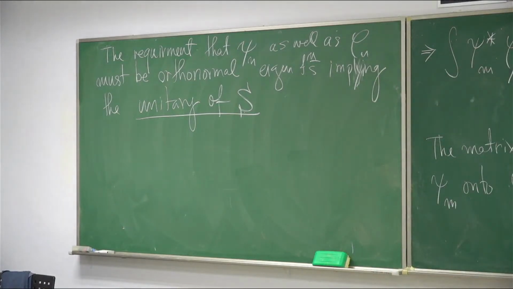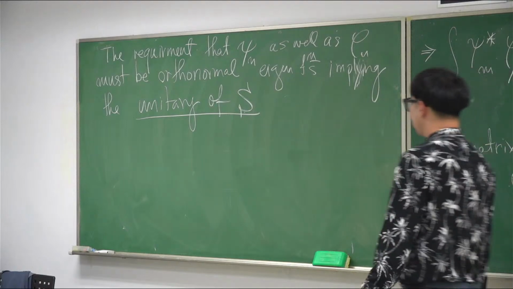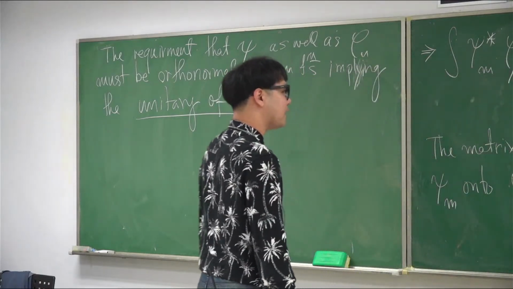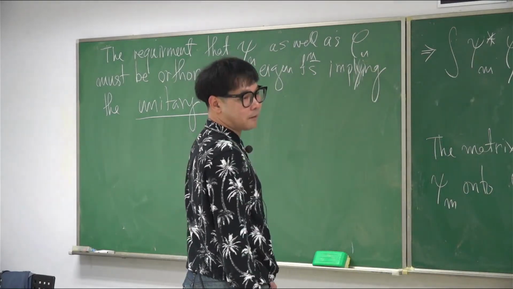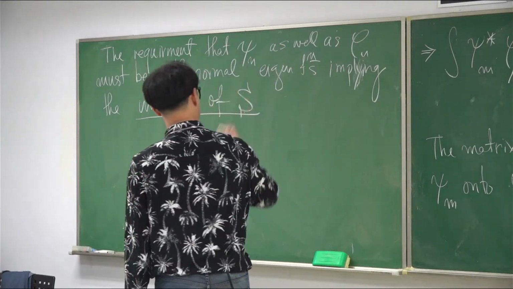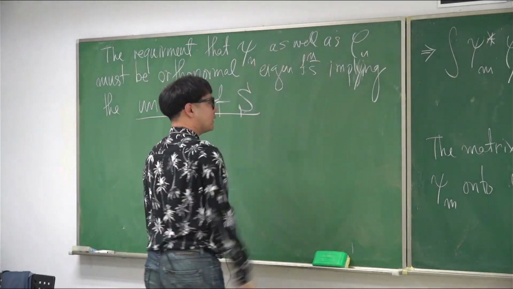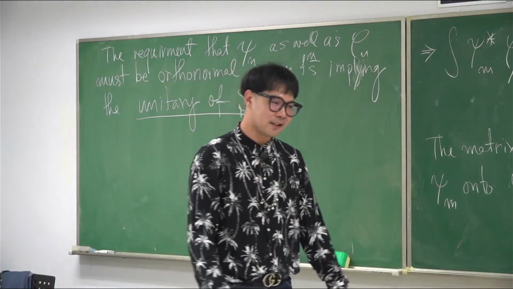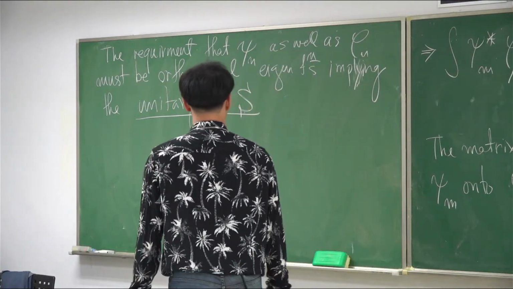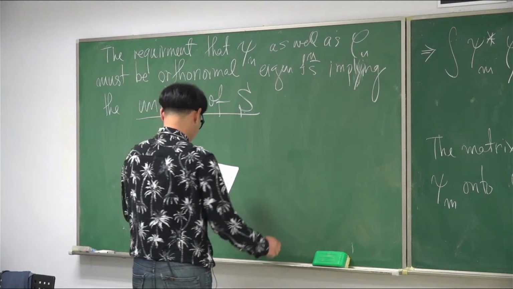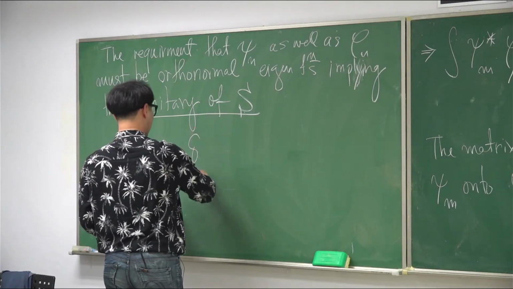Let's see. Why do we have this unitary operator S if this one and this one possess orthonormal properties? Okay, so you start with this.